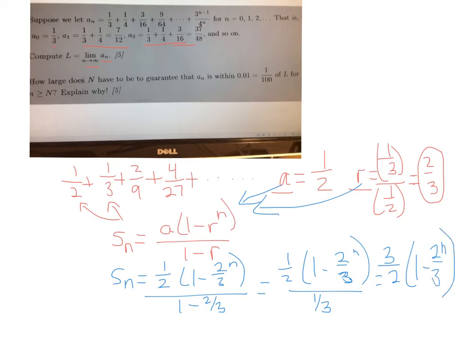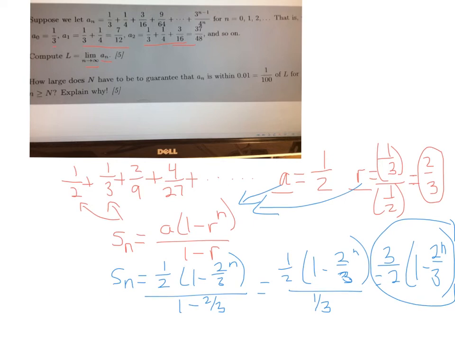Now, I don't know if you've talked about limits too much in the class yet. I know you're just getting started. The concept of a limit would come from your grade 12 functions course as well. The limit of this particular function is what's going to happen to it as we let n approach infinity.